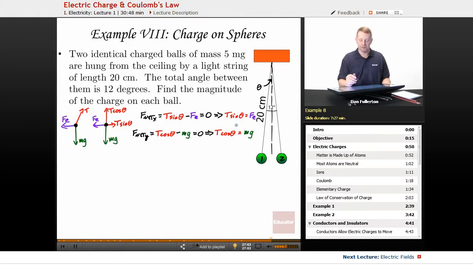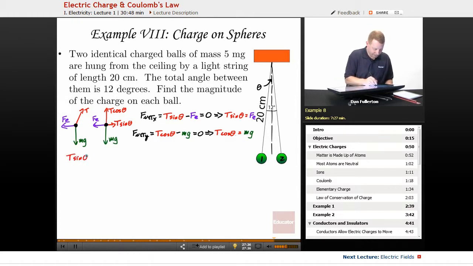Looks like I can probably do some simplifications here, and I'm going to pull a little trick. If that's equal to that, and that is equal to that, if I divide the first equation by the second, that also still has to be equal. So T sine theta over T cosine theta must equal Fe over mg. Let's write that.